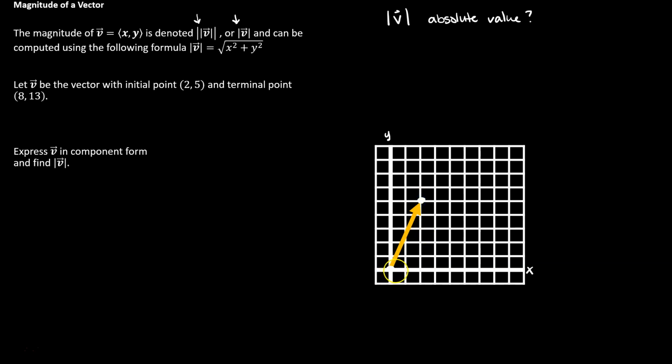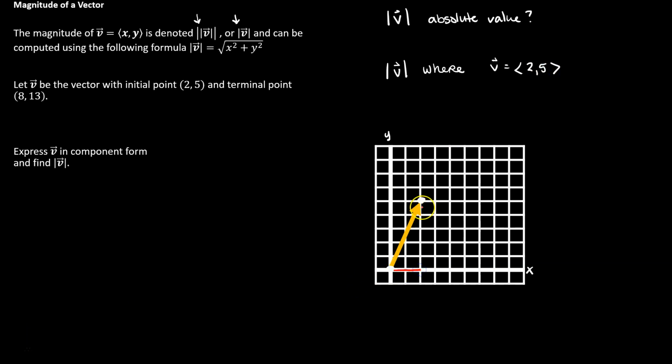This terminal point is at 2, 5. If I wanted to find the magnitude of a vector that's a position vector at 2, 5, all I need to do is think about a triangle.